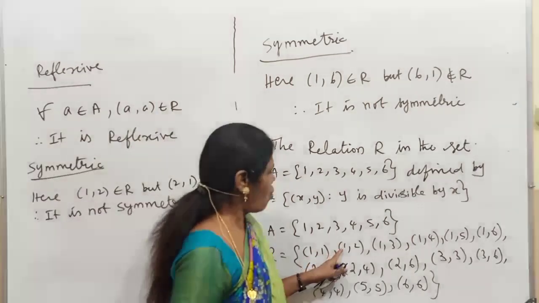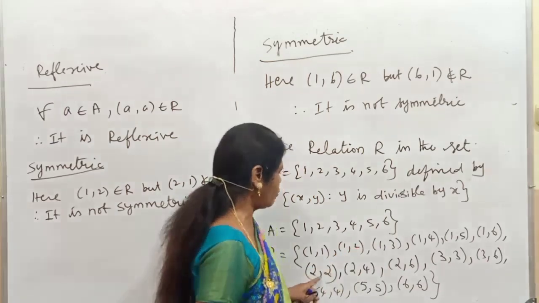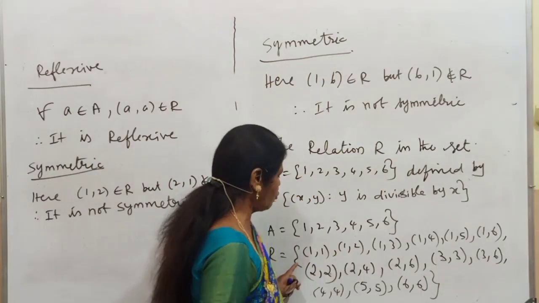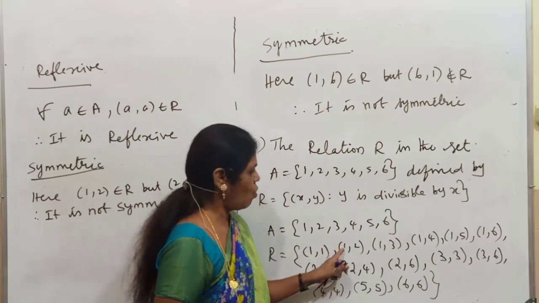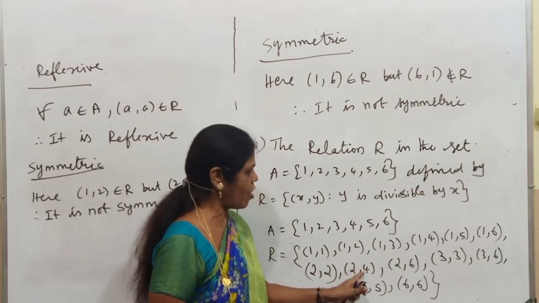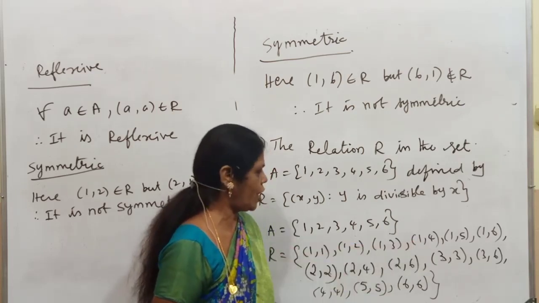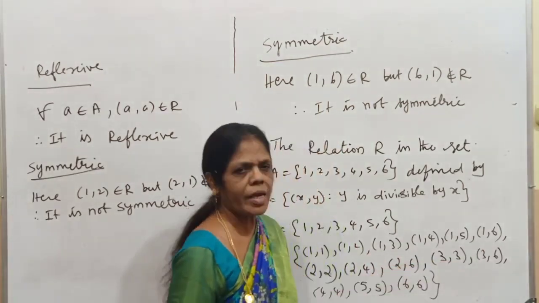Now see here, 1 ends with 2, and now it starts with 2. (1,2) belongs to R, (2,2) belongs to R, again (1,2) belongs to R. (1,2) belongs to R, (2,4) belongs to R, same (1,4) belongs to R. If you check everything, it will satisfy transitivity for all the elements.